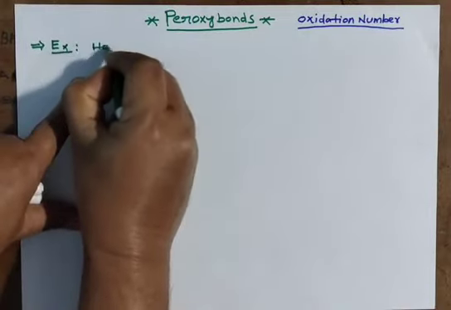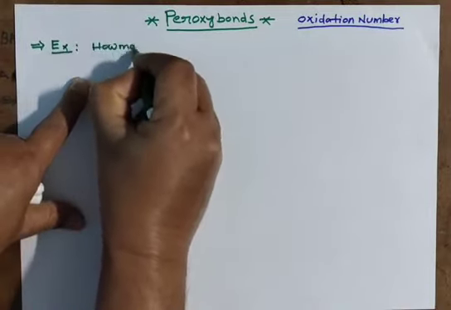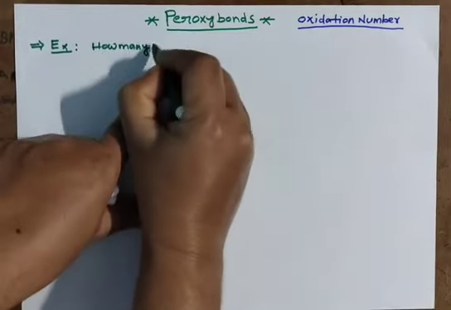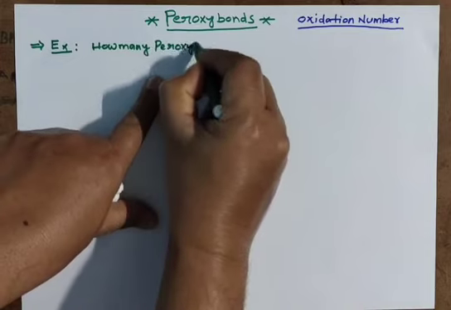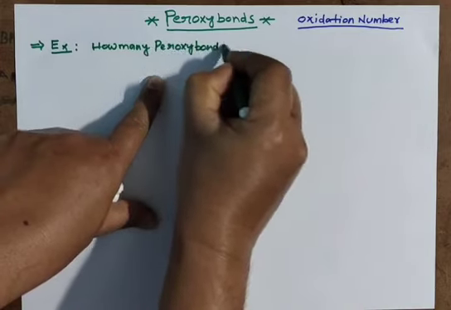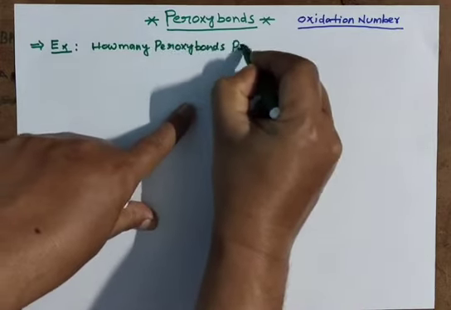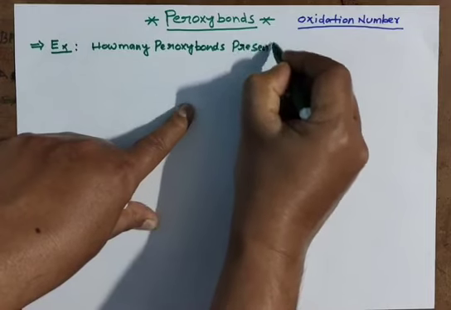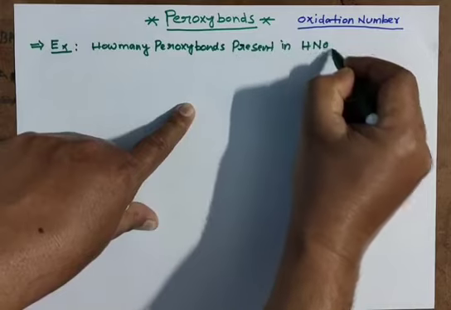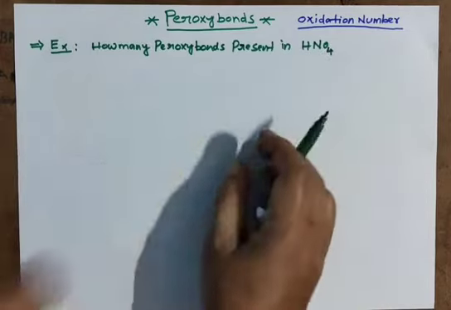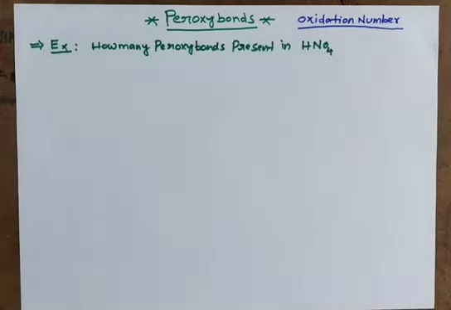Here I am taking an example. How many peroxy bonds are present in HNO4, pernitric acid?